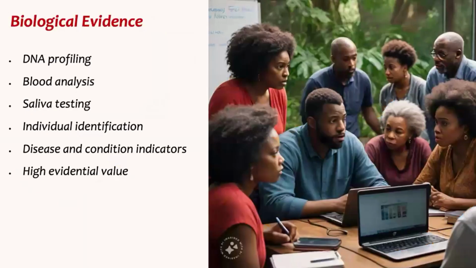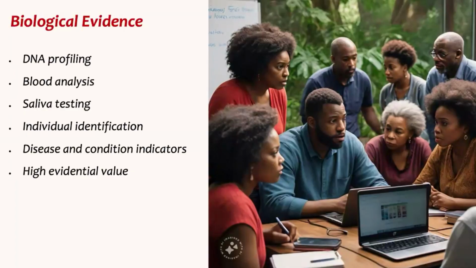We can take a look at biological evidence. This shows how DNA, blood, and saliva help identify individuals and link them to crime scenes. We know that blood contains cells and plasma, and this can be used for analysis. Saliva can provide unique biological markers.